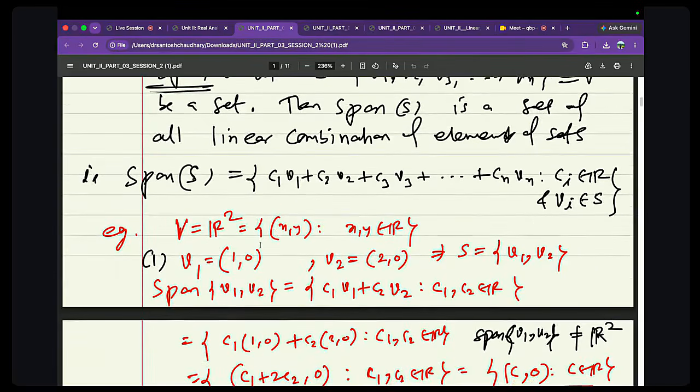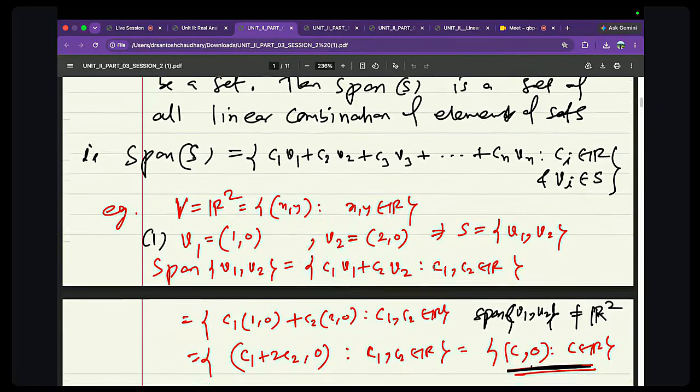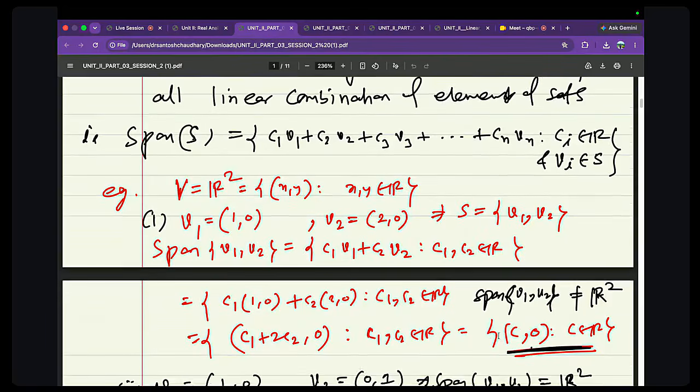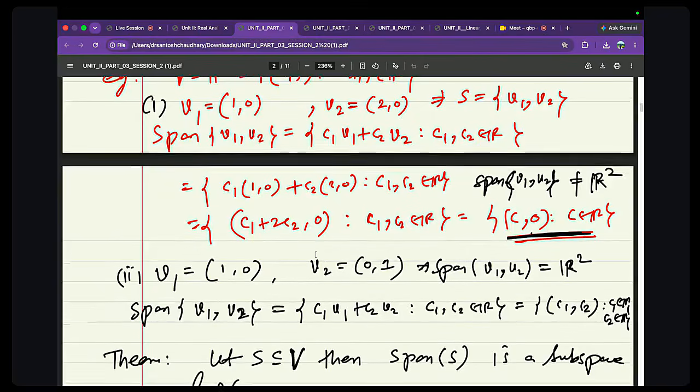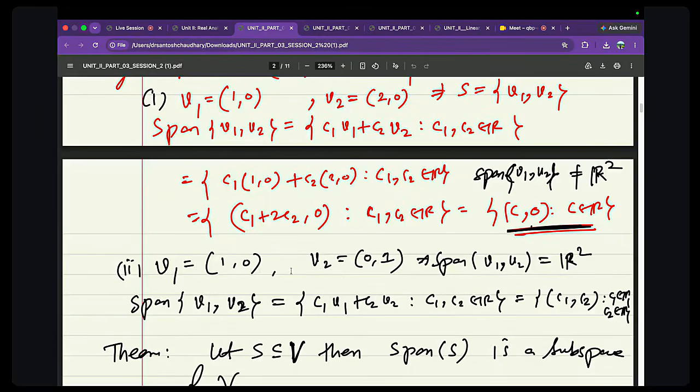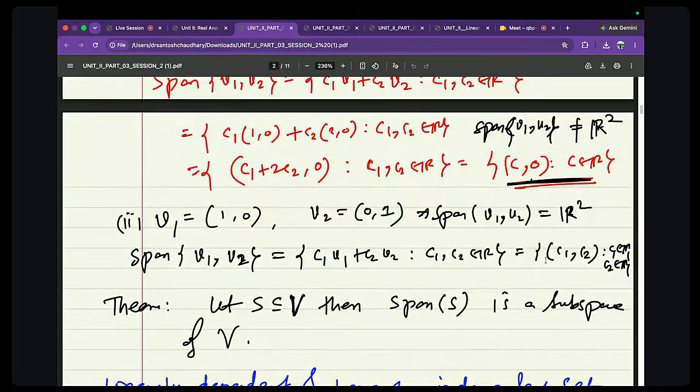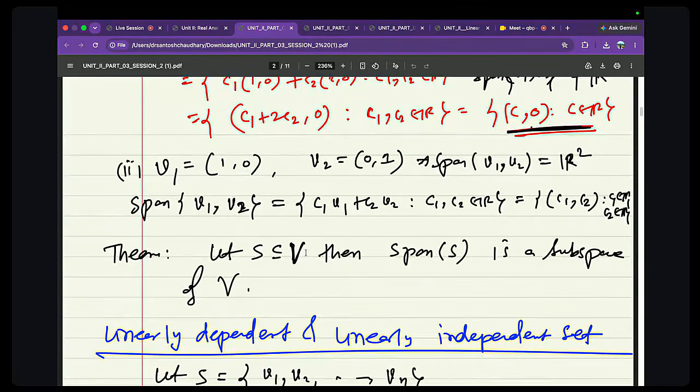There was also one in the PPT: with 0, 1, here v1, v2 are dependent vectors, you can see, so if you find their span, that will be a line. Similarly 1, 0 and 0, 1: if you find the span of v1, v2, they are linearly independent vectors and the span is R squared. Then you have already seen that a span is a subspace. It is even the smallest subspace containing all vectors of the set S.